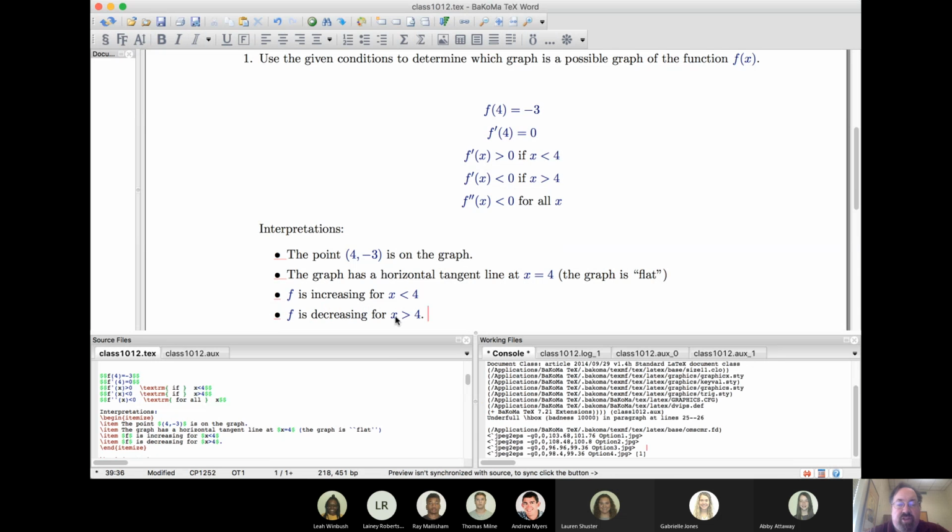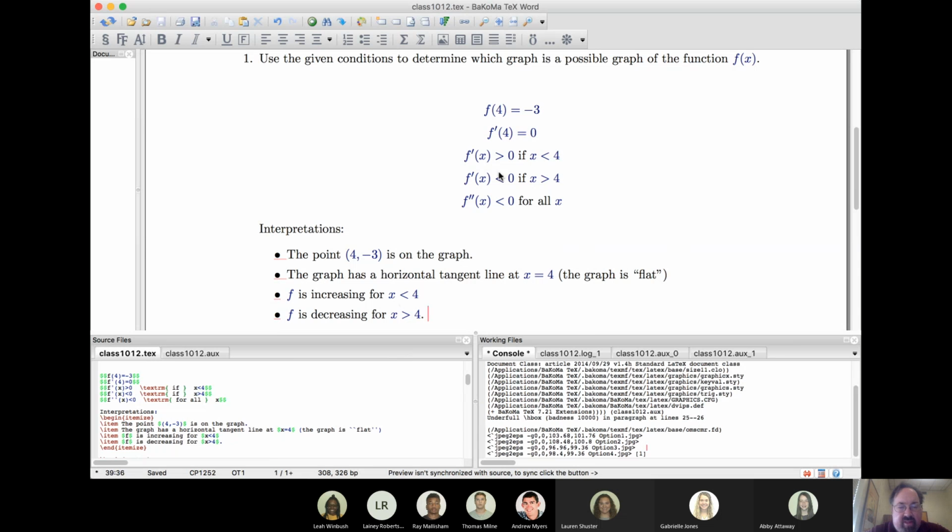Now, these 2 conditions together tell us something. If you have a function that is increasing up until a certain point and then decreasing, then that is a local maximum. So when the sign of the derivative changes from positive to negative, that's a local max. If it goes from negative to positive, that's a local min.